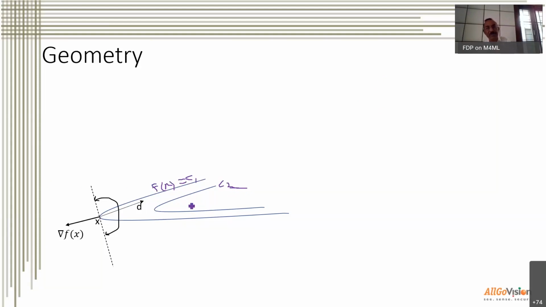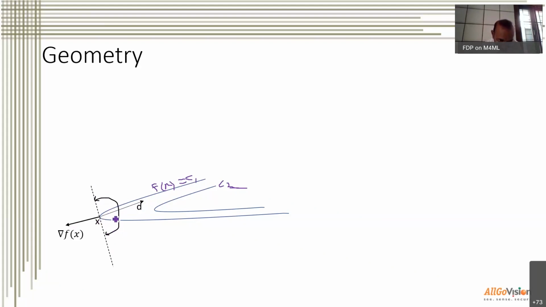So as we are moving in this direction, the function is actually decreasing. Okay. Now I am sitting at some point x, and this is a tangent to this constant contour curve, and you have this del f x pointing in this direction. Now, as you can see, anywhere I choose d in this cone, you will find that the function is going to decrease at that point, right?